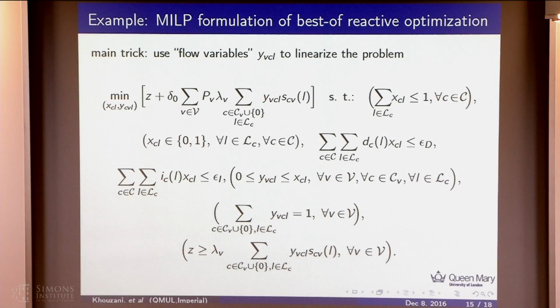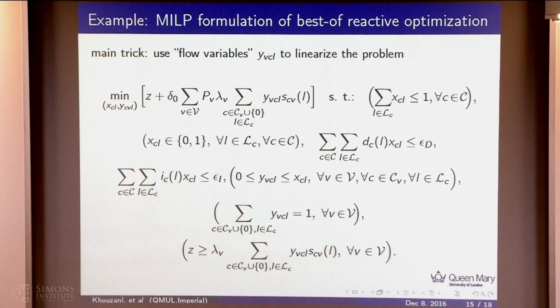Basically, for each vulnerability V and a possible control C at some level L affecting that vulnerability, we introduce a new variable, Y_VCL, with the constraint that it is at least 0 and upper bounded by X_CL. What does this constraint say? It says that if a control at a certain level is not picked, so X is 0, then the flow has to be 0.